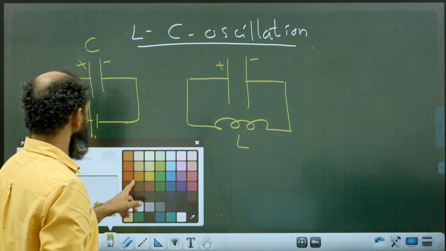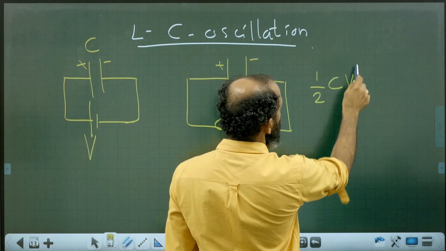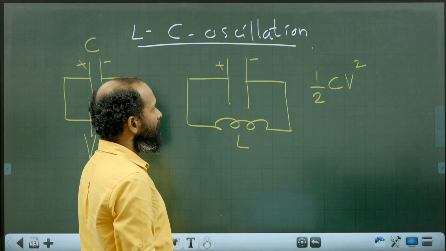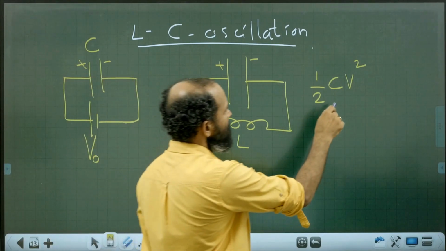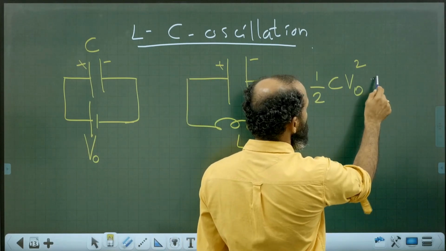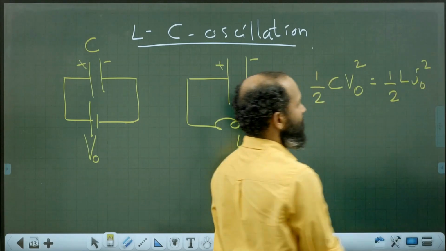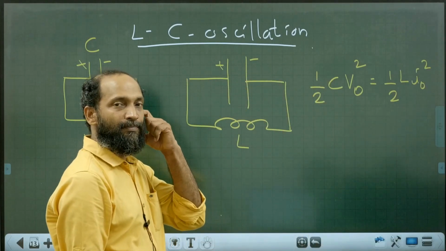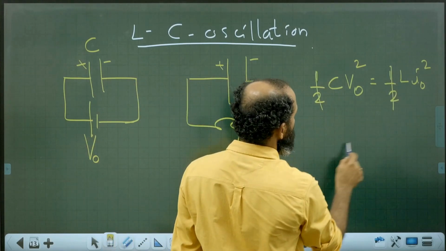Then energy in the capacitor is half C V square, and the maximum energy, suppose the EMF is V0, is half C V0 square. That is converted into half L I0 square, where half L I0 square is the maximum energy in the inductor. Okay, the half gets cancelled.